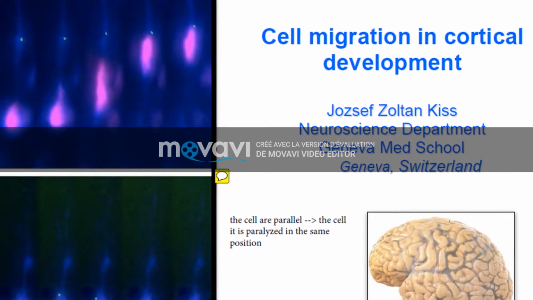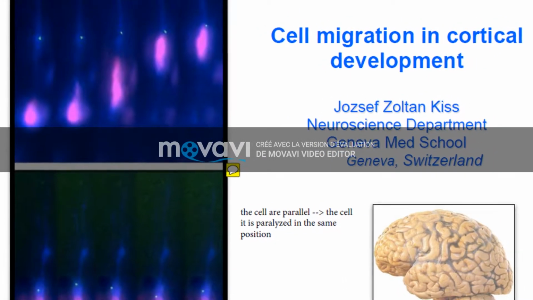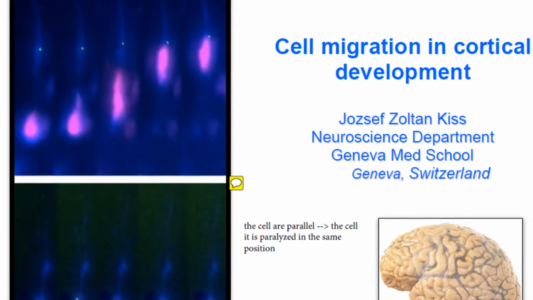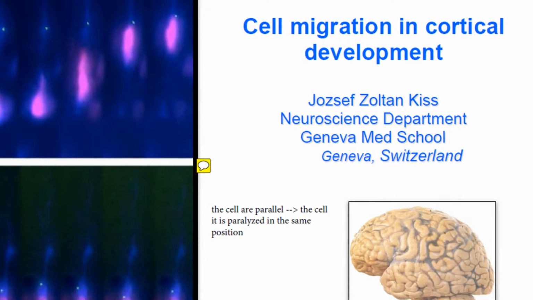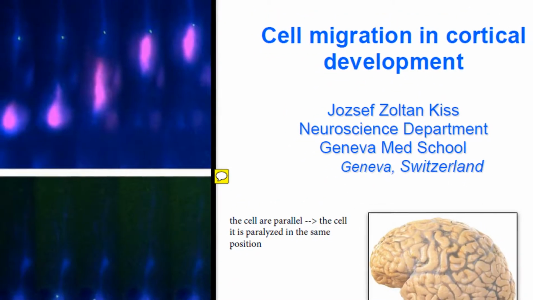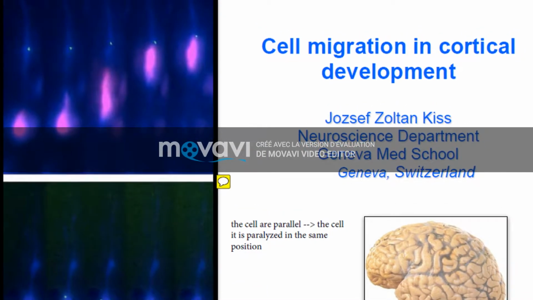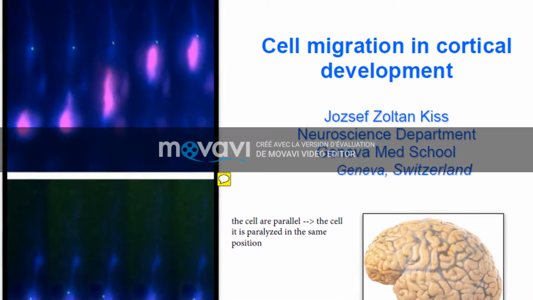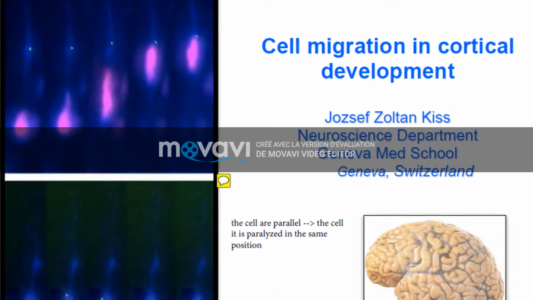Now let's see what happens with these millions of neurons generated in the germinal zone of the ventricular zone. So here is a sort of coronal image showing the telencephalon, the forebrain. We have the ventricles, ventricle 1, ventricle 2. Within we have the choroid plexus, and this is the 3rd ventricle.